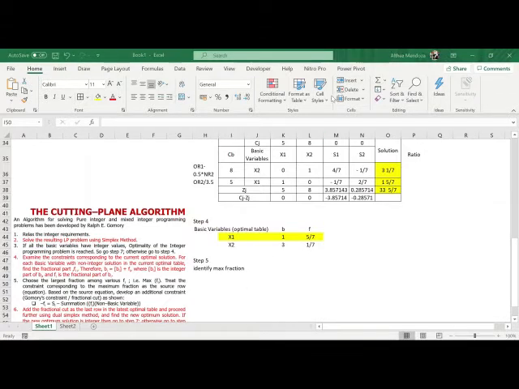We have here first 15/7, our final value. In fraction, that is 1 plus 5/7, which is equal to x1.